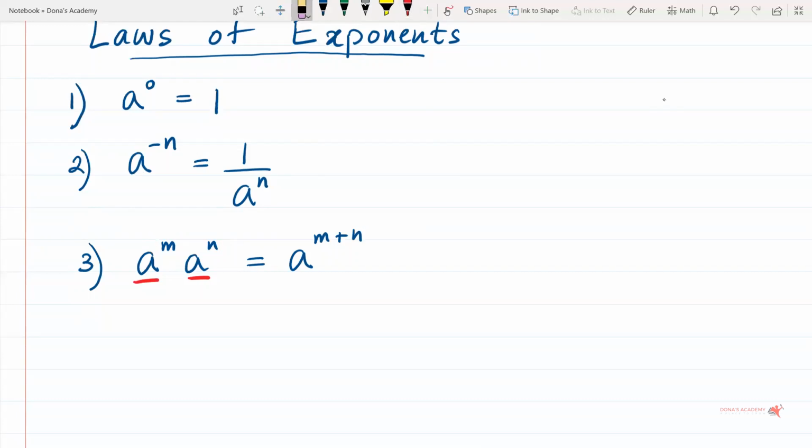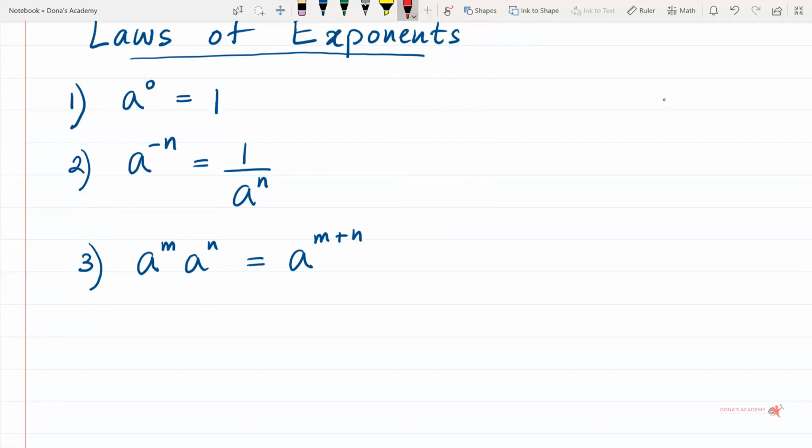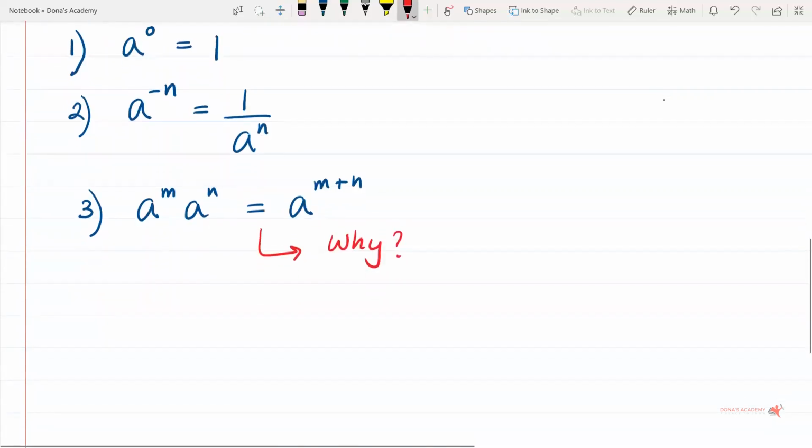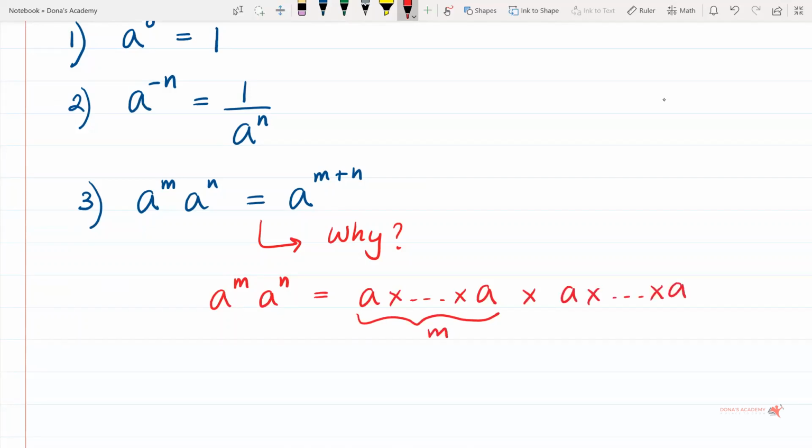Now, ever wondered why? Let's see why this is true. If I expand a to the power m times a to the power n, first I multiply a by itself m times, and then I multiply a by itself n times, and then I am multiplying both of them together.